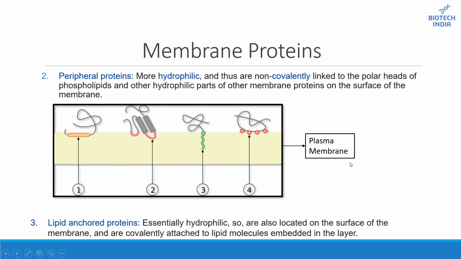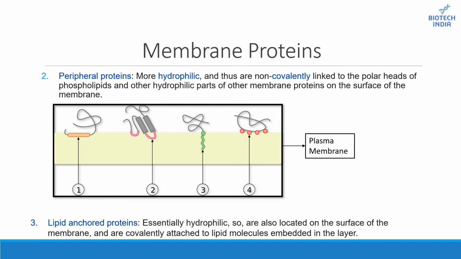Another is peripheral proteins. These are temporarily associated proteins, and these are more hydrophilic in nature and thus are non-covalently linked to polar heads of phospholipids and other hydrophilic parts of other membrane proteins on the surface of the membrane. So these also can be attached to integral membrane protein.